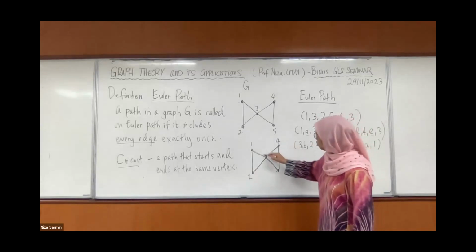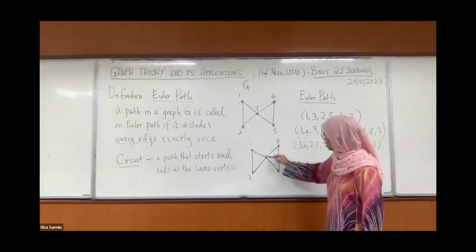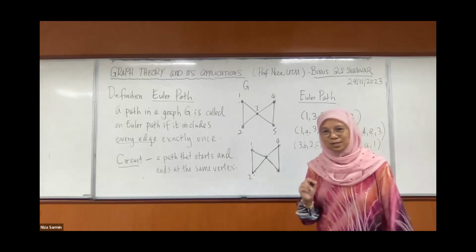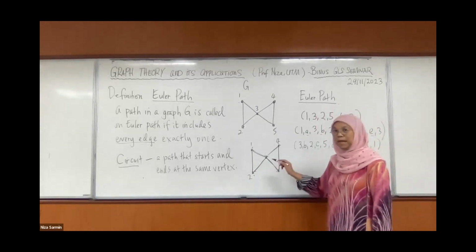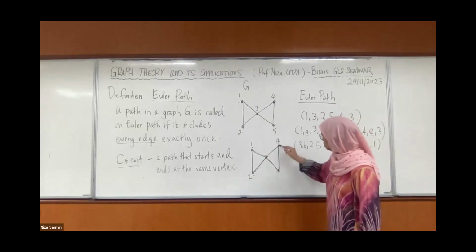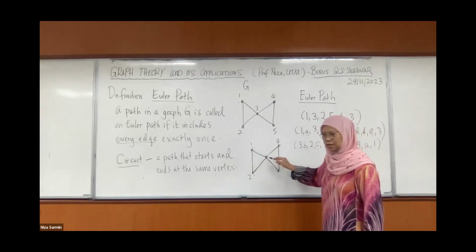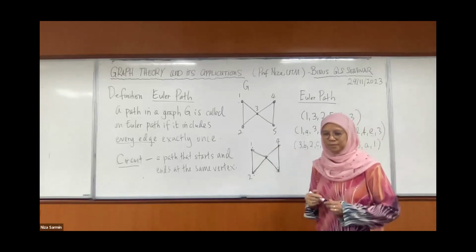You can go this way, or you can go this way. So there are many ways to get an Euler circuit from this example. You can start from here, go here, and many ways. Okay.